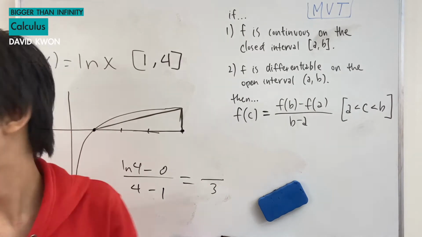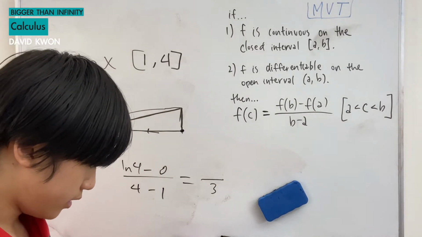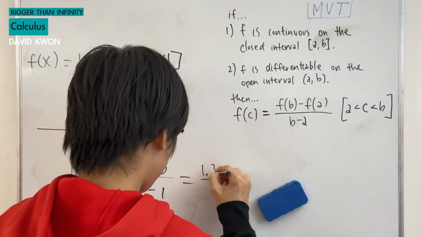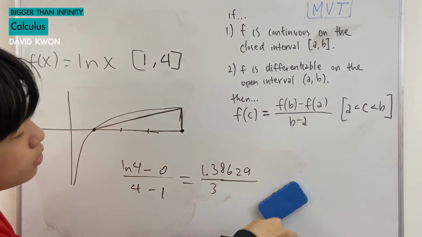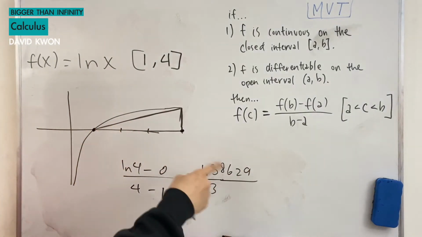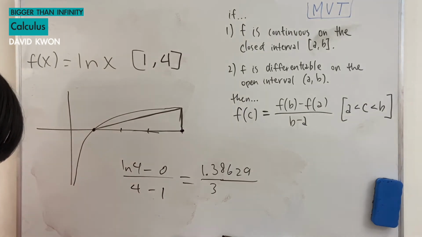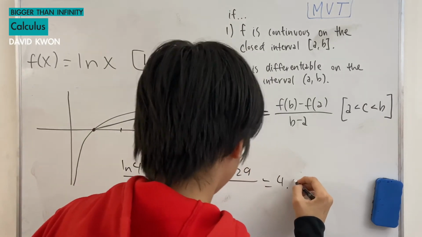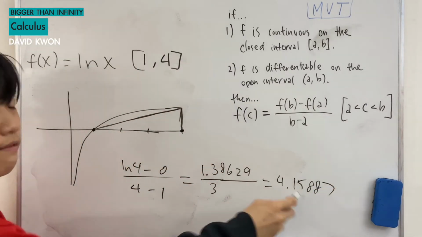So I will bring my calculator. Here we have the calculator, and ln 4 is equal to 1.38629. It actually goes on more, but this is what I have. Now dividing that by 3, I get 0.46209.